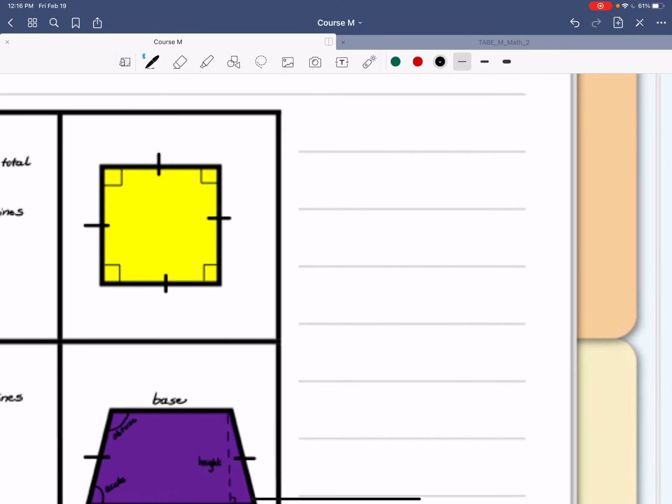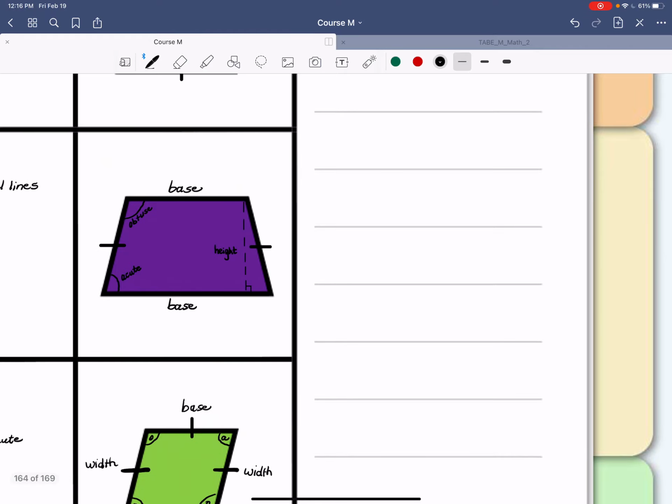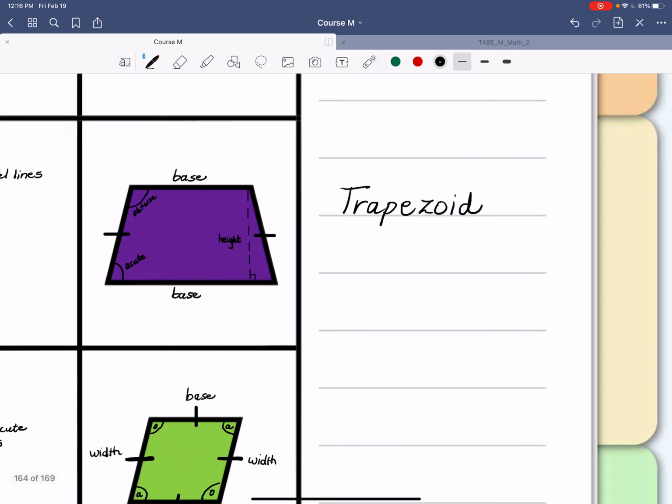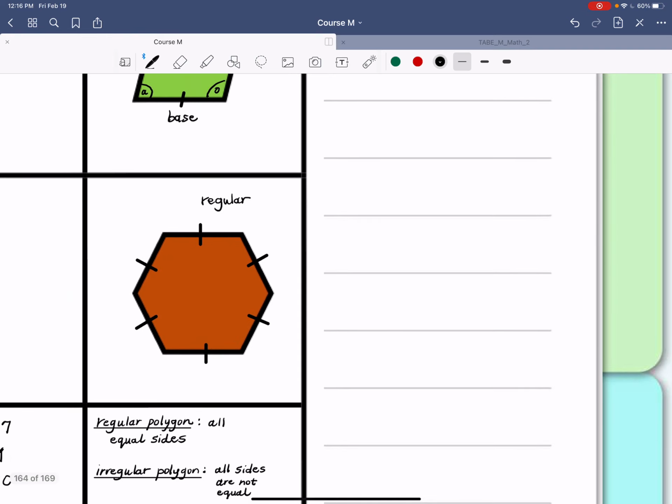This yellow one is called a square. It's also a quadrilateral, but its formal name is a square. This guy, my favorite, is a trapezoid. This drunk square is a rhombus. Rhombus. 6 sides, that's a hexagon.